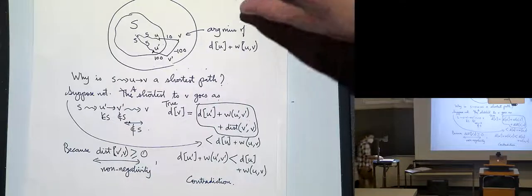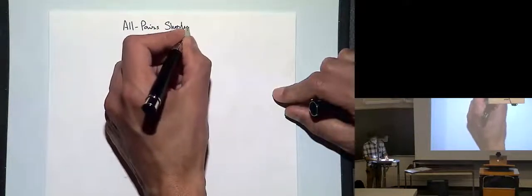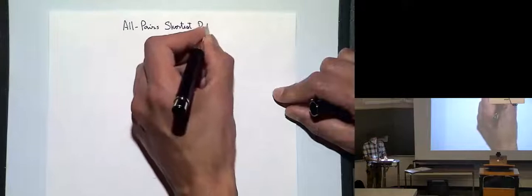All right, so we've done single source shortest paths. And now let's do all pairs shortest paths, known by the acronym APSP.